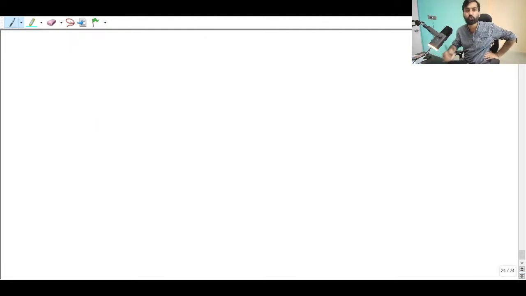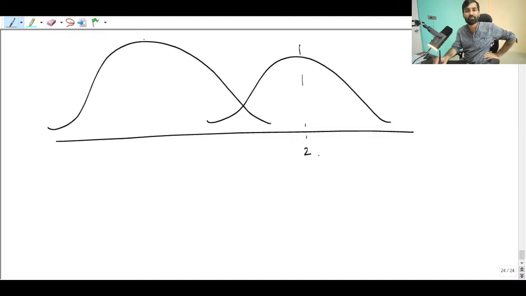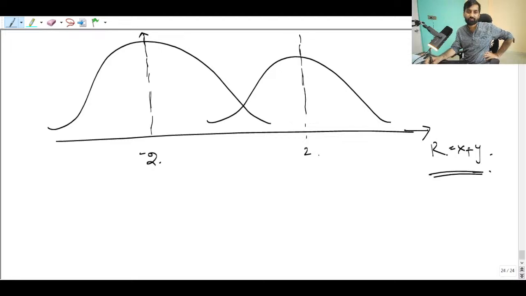If you add 2, it shifts like this. This is 2. If you add minus 2, it shifts here, minus 2. Now this is nothing but your R, where R is x plus n. I think this is clear, right? So this is the scenario. Understand?